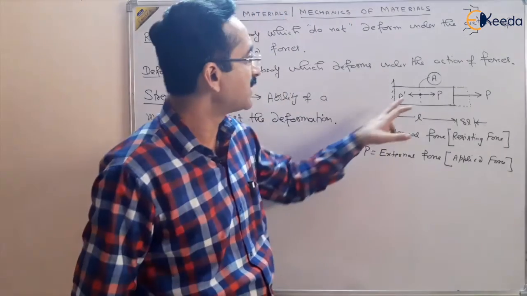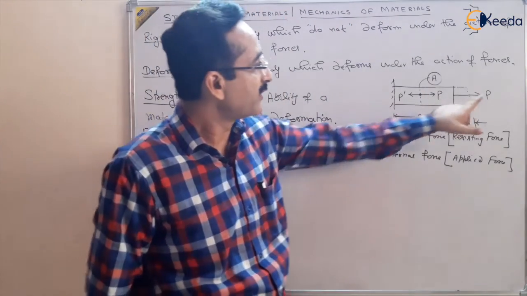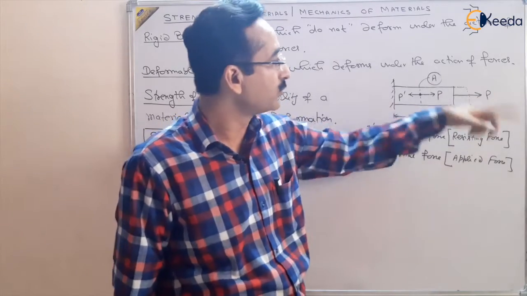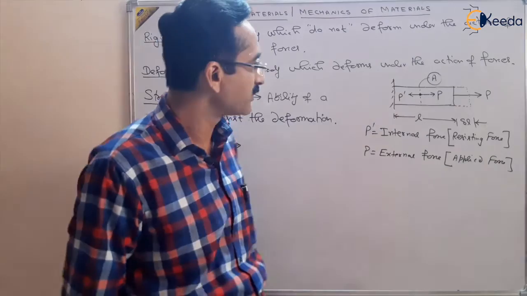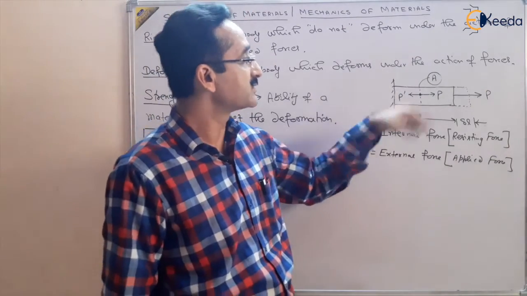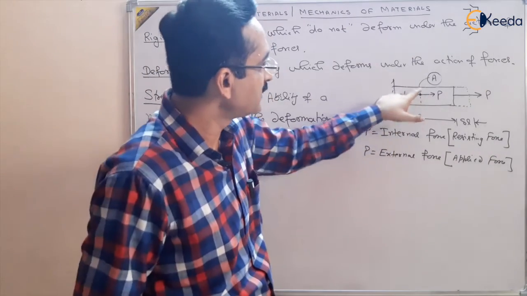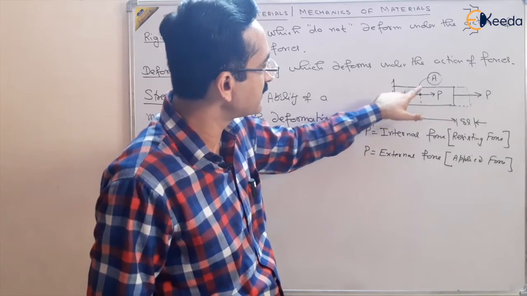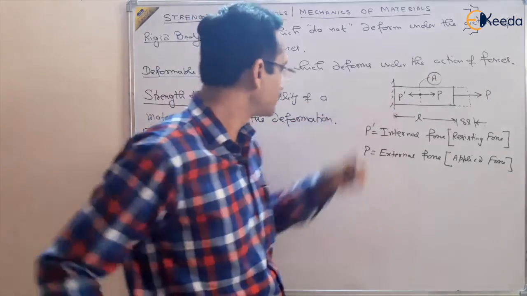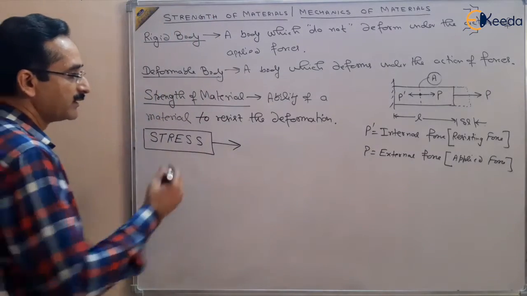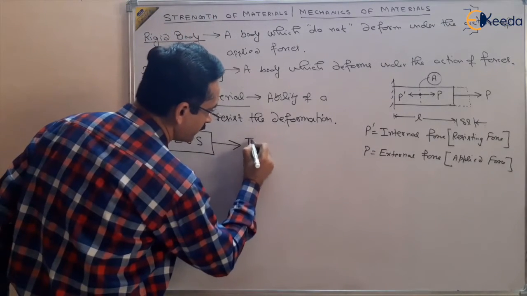Same is the case with the strength of material. We have applied some external force, and due to that we are getting some internal force or resisting force, that is causing stress in the material. So when this internal force is acting at a certain area of cross section, we are getting stress. So what is stress? How is it defined? This is the internal force, not external.